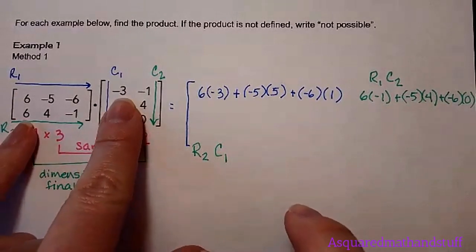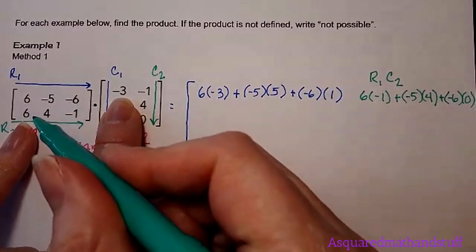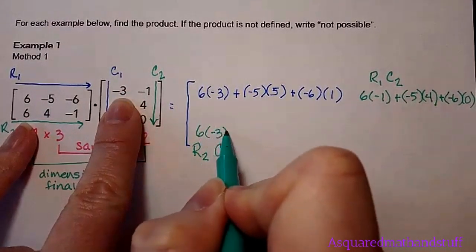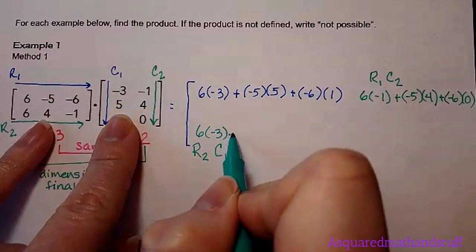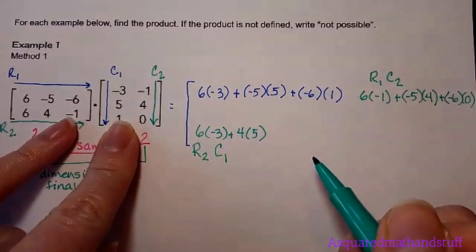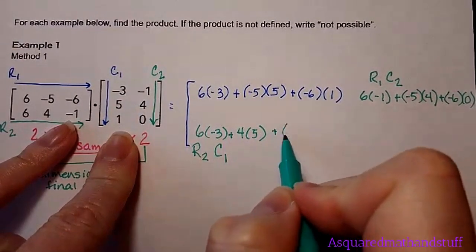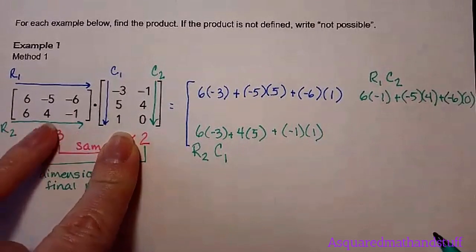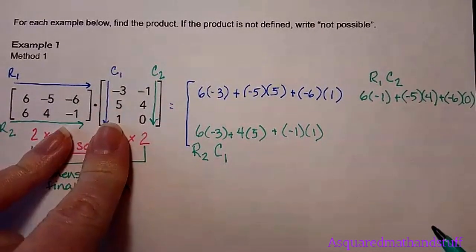So putting my fingers in position, I have 6 times a -3. Go across and down. I'm going to add 4 times 5, across and down, add a -1 times 1. So that completes row 2, column 1.